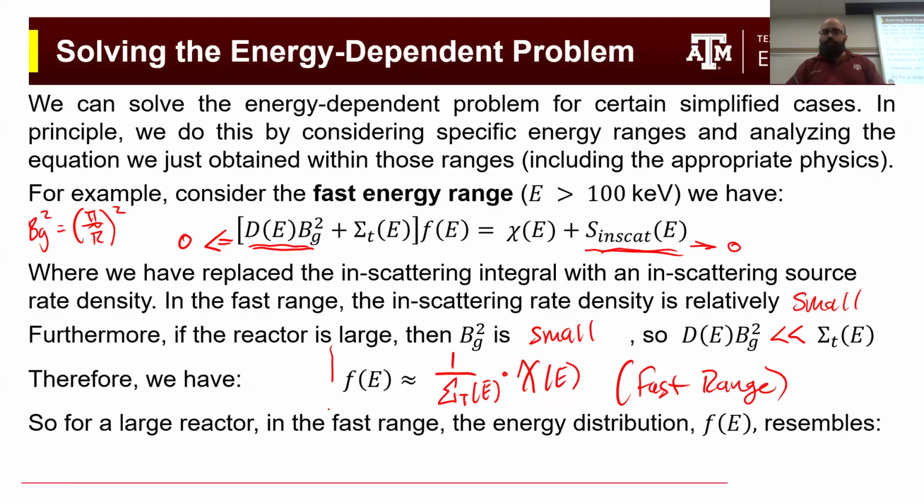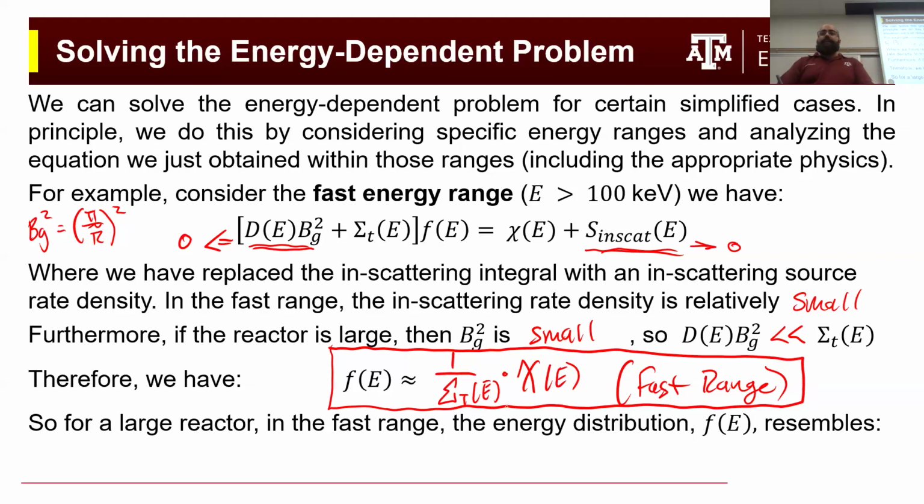So what we're saying is that in the fast range, our neutron energy distribution looks like chi of E with a 1 over sigma_T multiplier up front. So the energy distribution resembles the fission spectrum with a 1 over sigma_T of E multiplier.